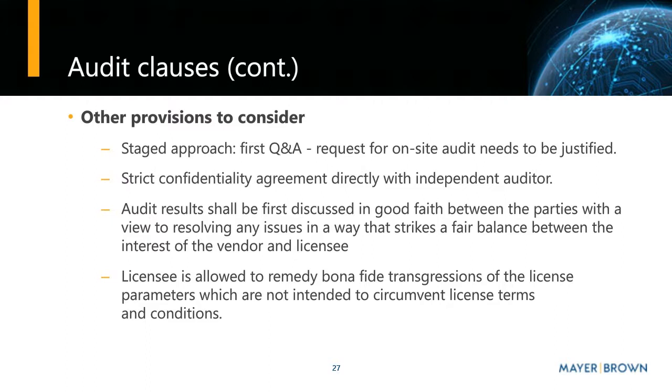And that brings me also to the final bullet point on this slide. So in one case, we were able to renegotiate the audit clause and to include a provision which read that the client was allowed to remedy bona fide transgressions of the license parameters which were not intended to circumvent license terms and conditions.